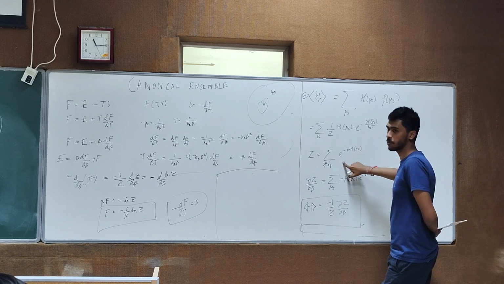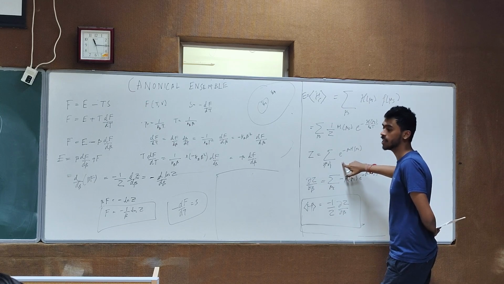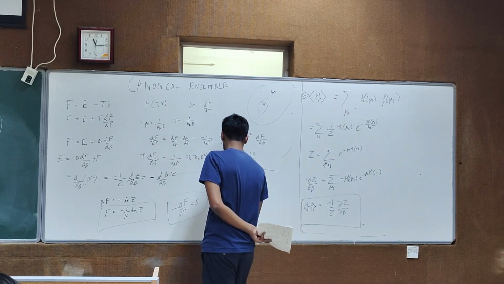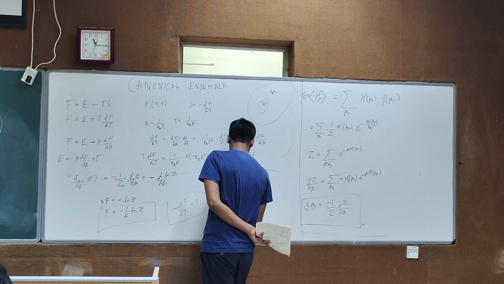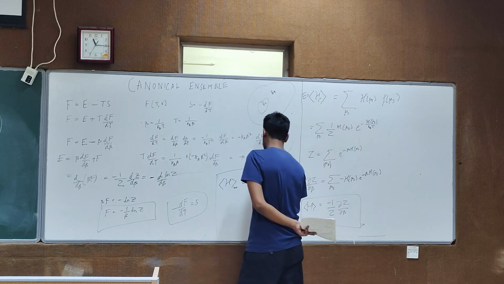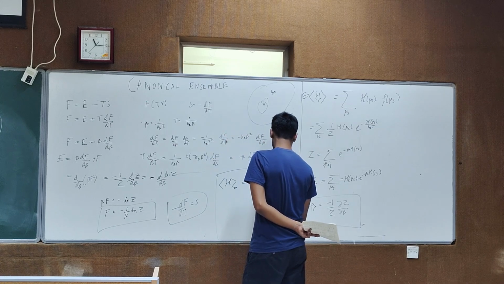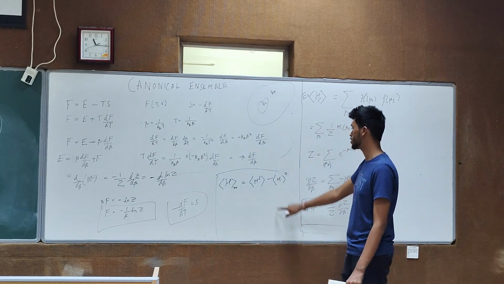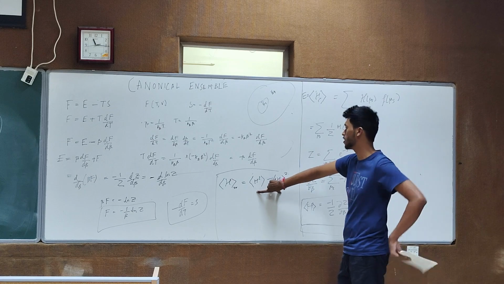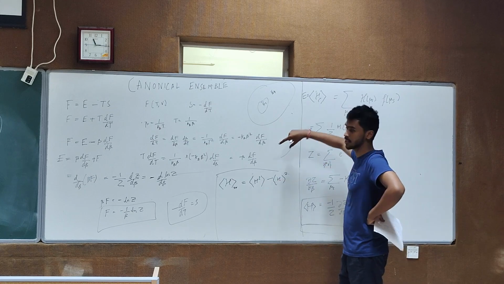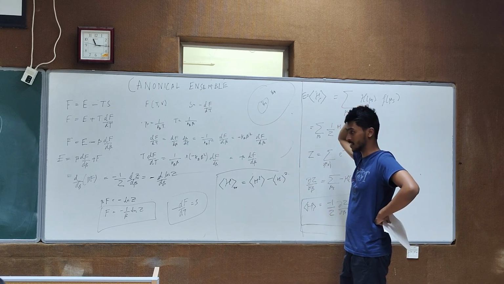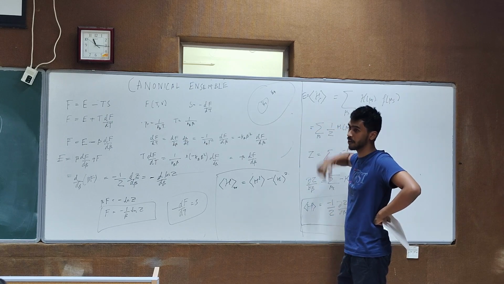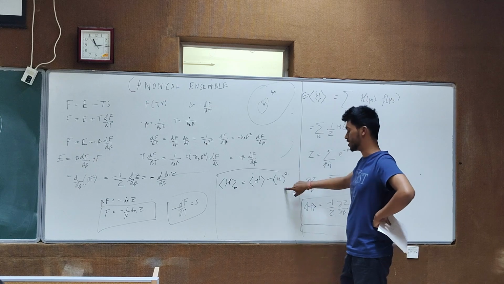Using that, you can find the moments of H and calculate the variance of H, which is the average of H squared minus the square of the average of H. This quantity you can show will become exponentially less as you move away from the average energy.